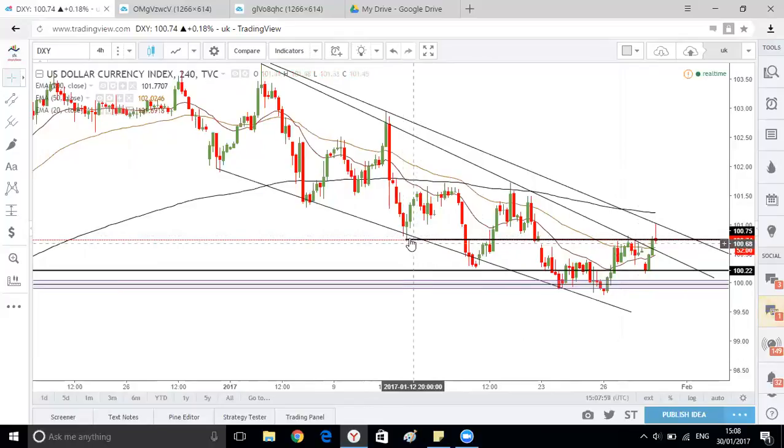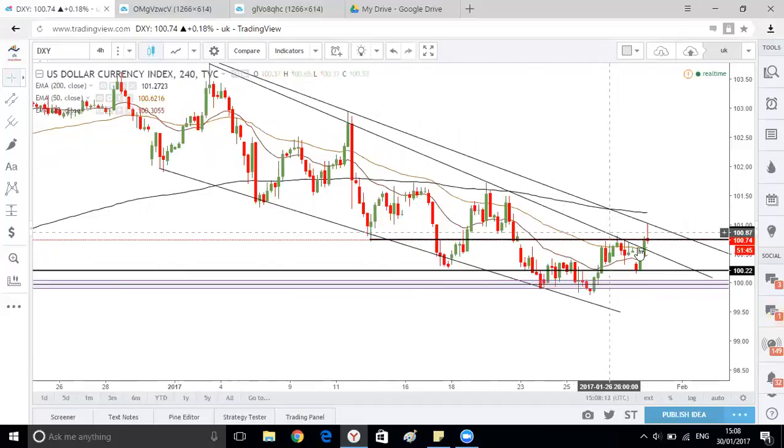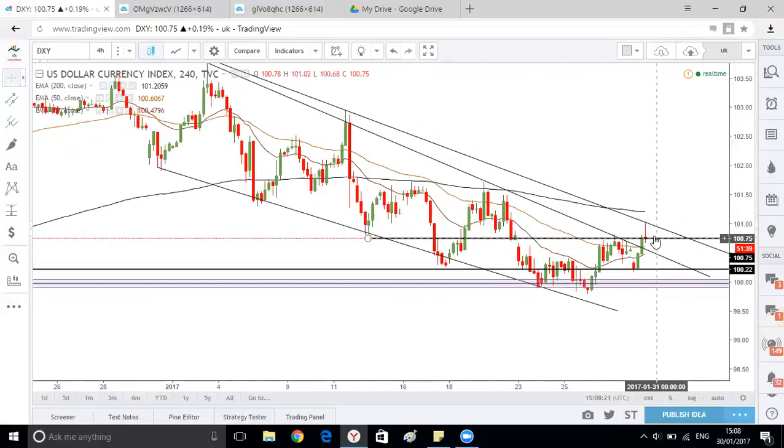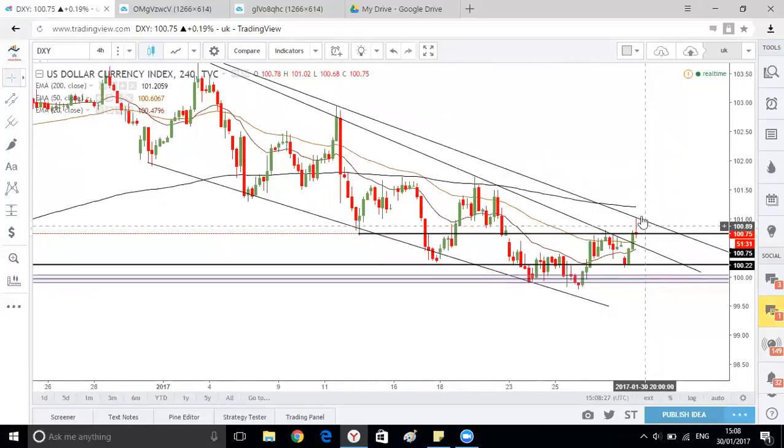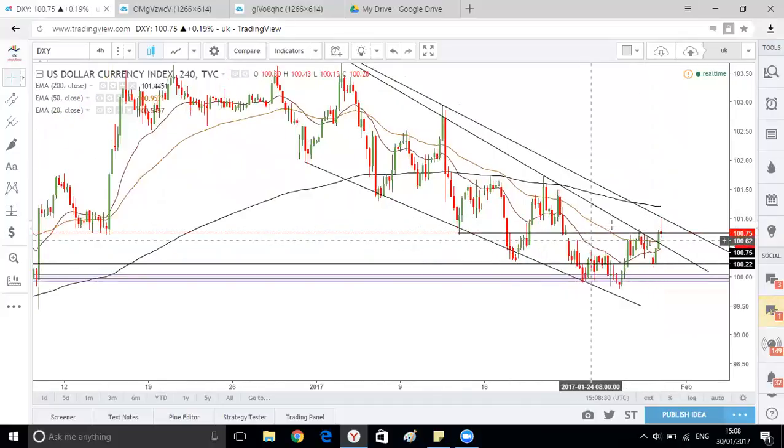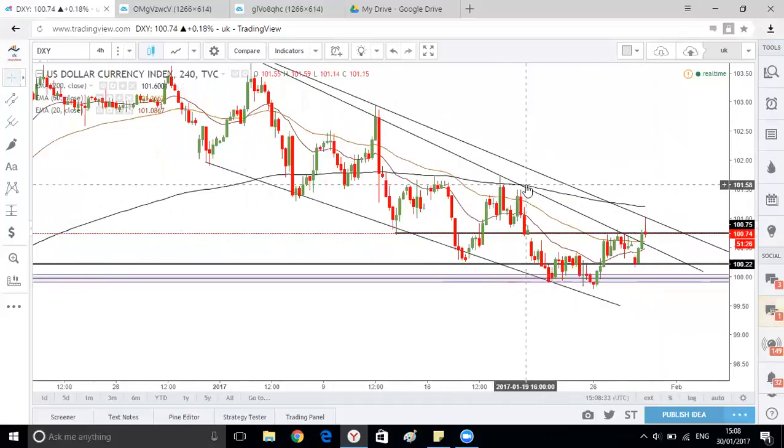It's quite a minor level, but in order for the dollar index to get stronger, we will need a clear break of this level. You can see it did break out, however, it came back down, and what it's doing now is leaving a big wick. But there's 50 minutes left of this candle, so we will need to see some sort of clear break from this level, as well as this falling wedge.